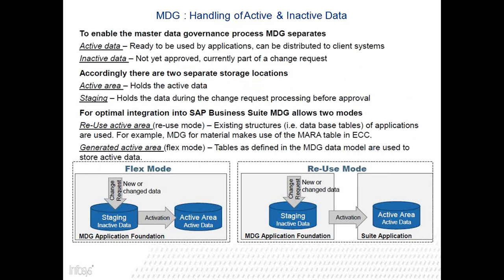It is under approval, not yet approved, and currently a part of a change request. So inactive data is not available to use in any transactions. That is the terminology we normally use: active data and inactive data in master data governance. Any questions here?